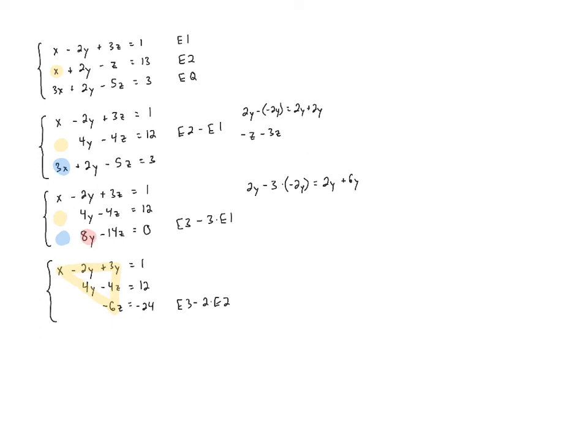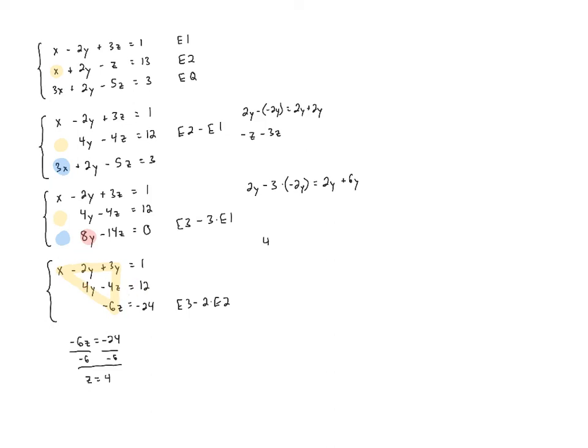We've got negative 6z equals negative 24. To get z alone, we divide both sides by negative 6. This gives us z equals 4. So that is the first value in our solution. Now we want to find y, and we want to do that by plugging in z to the second equation.